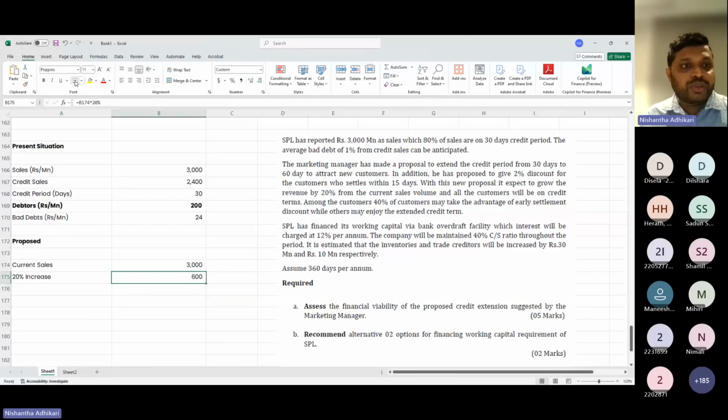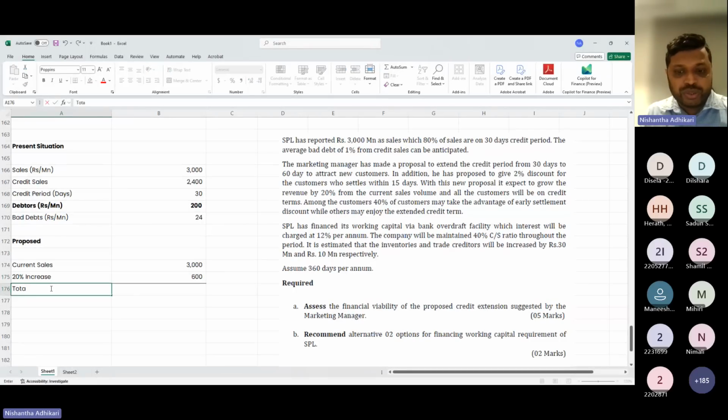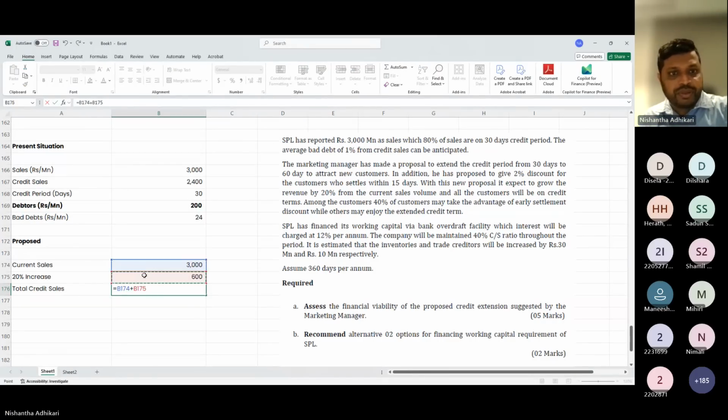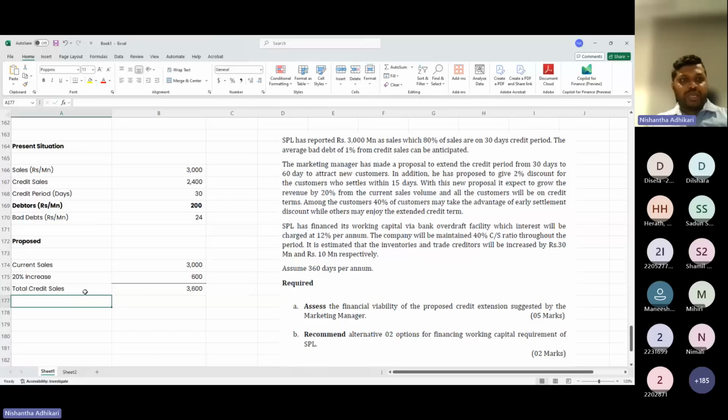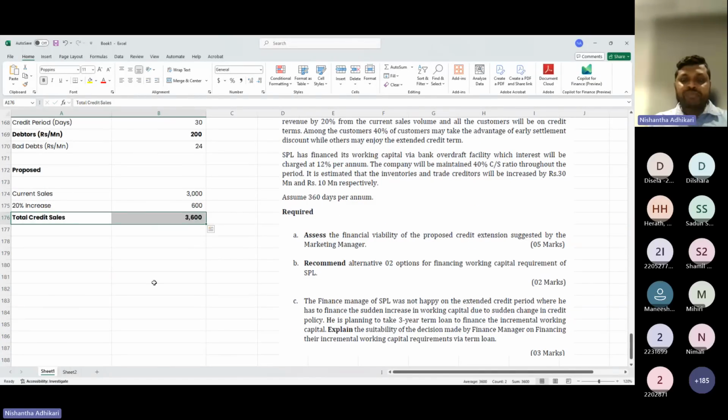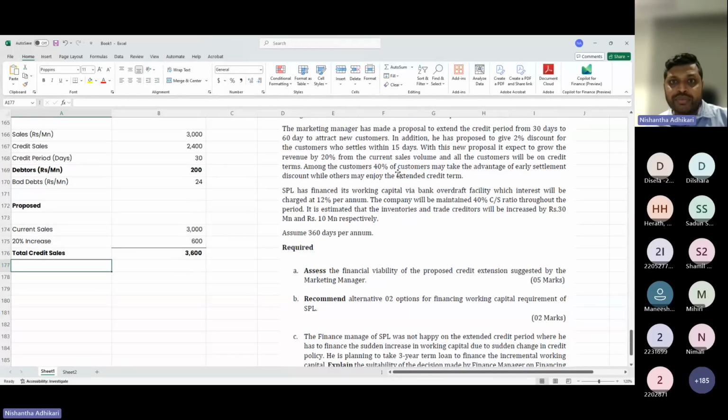Therefore, your total credit sales will be 3,600 million. Hope this is correct. Total credit sales will be 3,600 million. Right. Out of the total credit sales of 3,600 million, 40% of customers will settle their debts early.